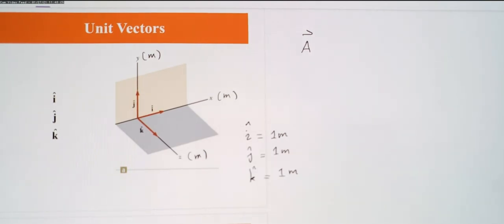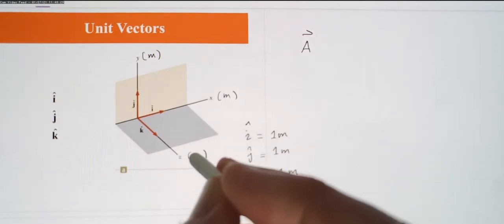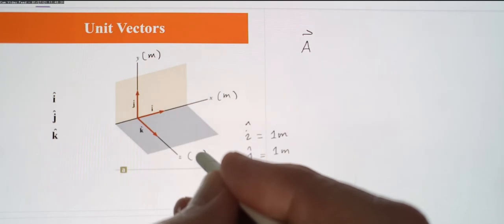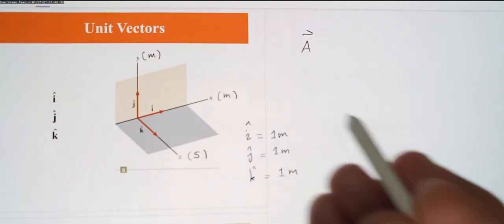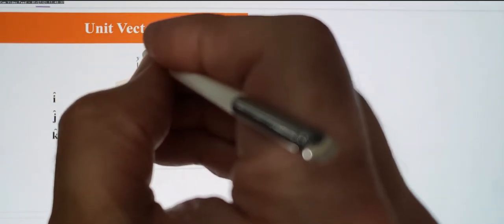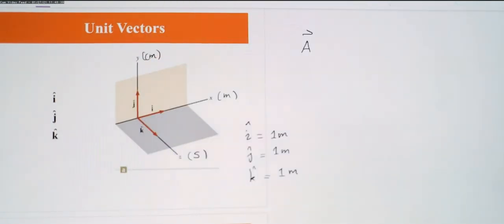Okay, suppose that I'm drawing meter and here second and here centimeter. Now let me just use coloring. It will be clearer.